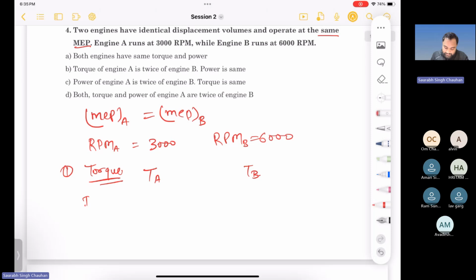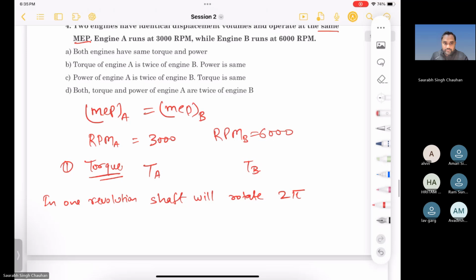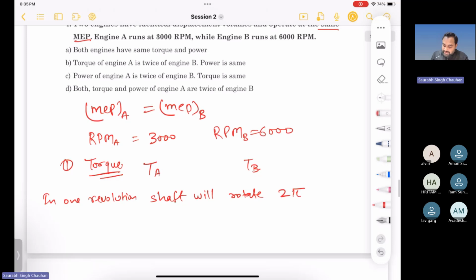So in one revolution, how much angle will the shaft rotate? 360 degrees, or 2 pi. So the torque is T and the angle is 2 pi.